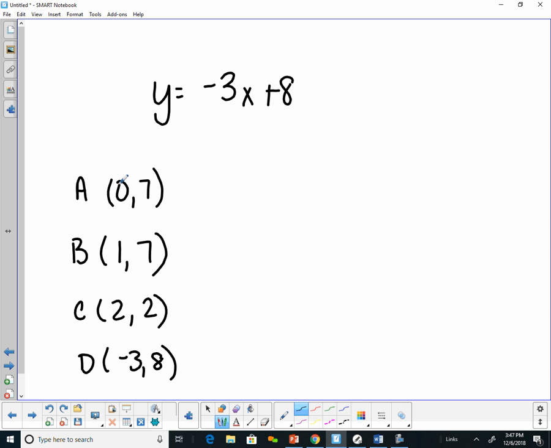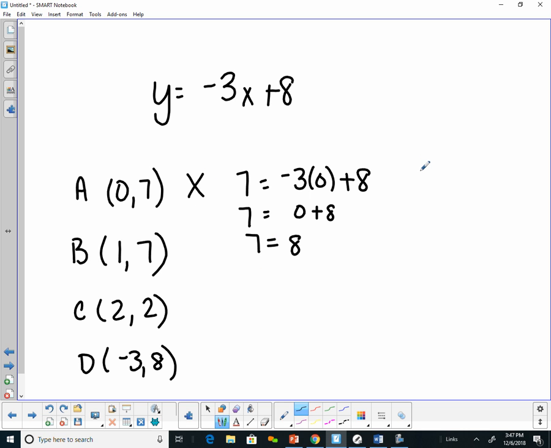Now remember, this is your x value, this is your y value. So you're just going to plug in. So 7 is equal to, 7 was my y, -3 times 0 plus 8. If we work this out, we get 7 is equal to 0 plus 8, and 7 is equal to 8. That's not a true statement, so this point would not work.